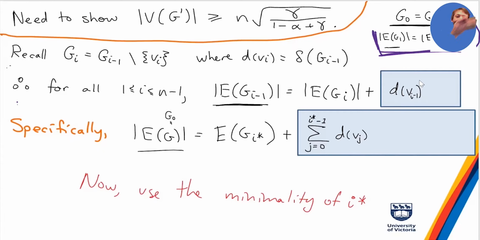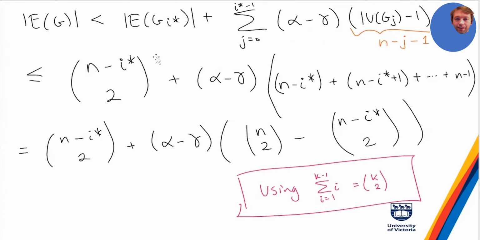And then you look at minus 2 and minus 3, and you can see that it just adds up these degrees. Now we get to use the minimality of i*. Because i* was the first time we terminated, we can say that these degrees must have been small, because otherwise we would have terminated earlier. So here's the algebra.